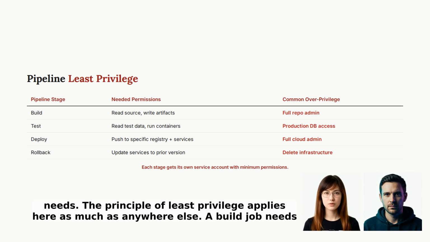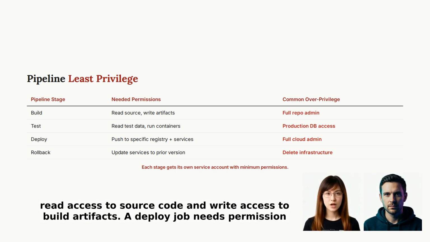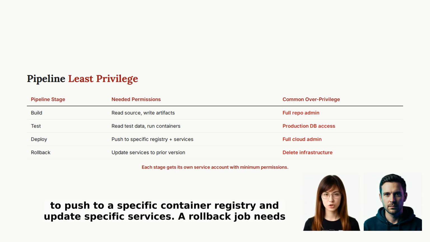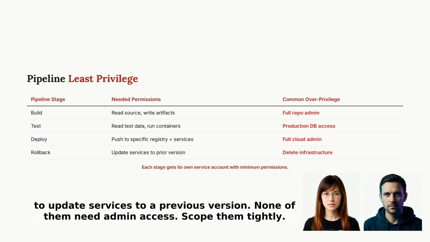The principle of least privilege applies here as much as anywhere else. A build job needs read access to source code and write access to build artifacts. A deploy job needs permission to push to a specific container registry and update specific services. A rollback job needs to update services to a previous version. None of them need admin access.